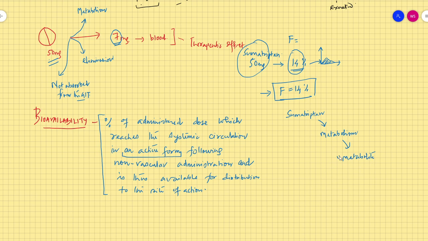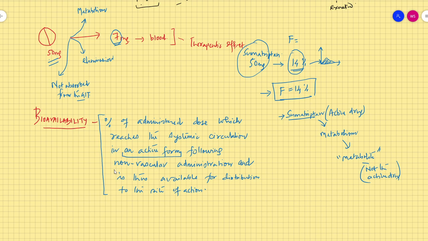This metabolite is not the active drug. Sumatriptan is the active drug. So it is not talking about the metabolite, it's talking about the active drug, in this case sumatriptan, that is available to the body after administration.